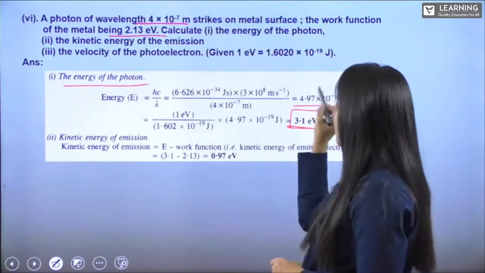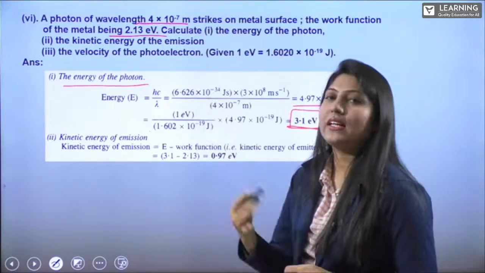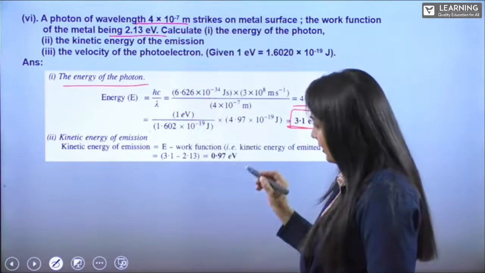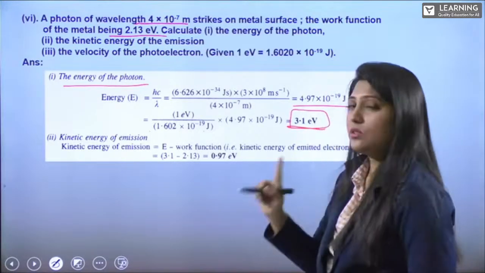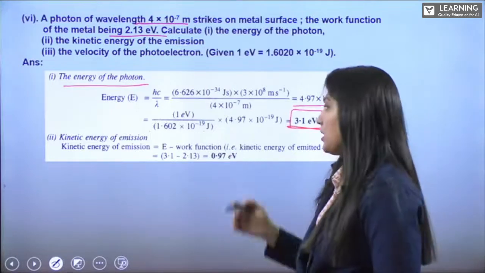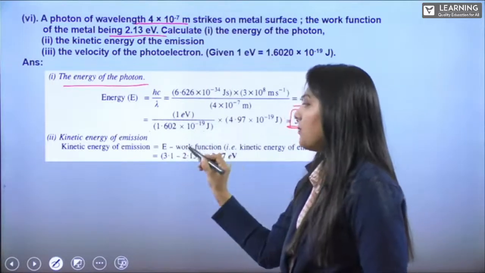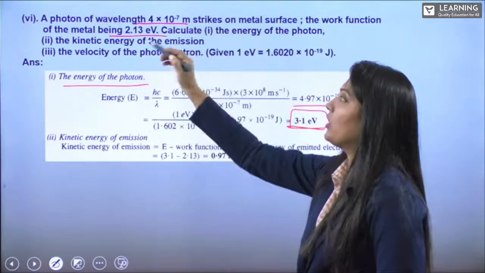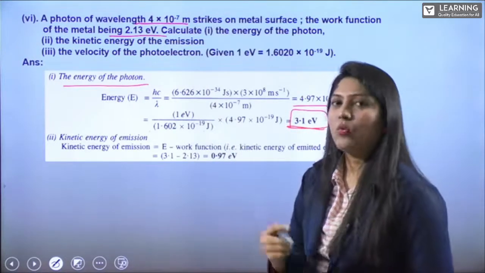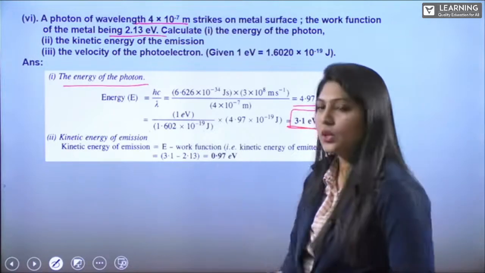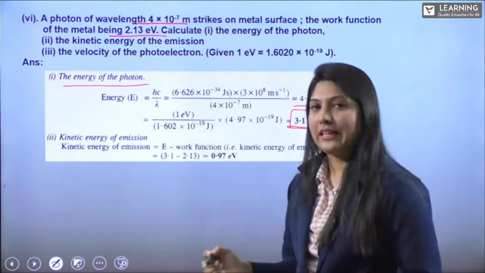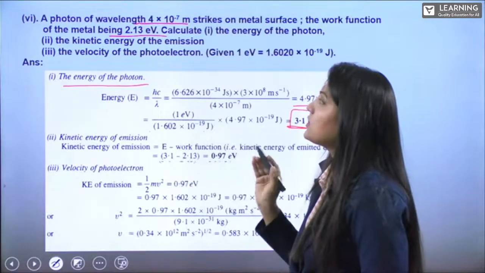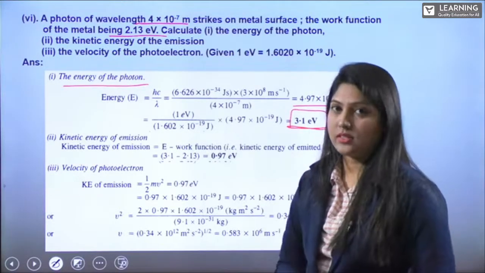If I take the energy in joules and the work function in eV, it will not give you an accurate answer. That's why we converted joules into eV. So here, energy minus work function: energy is 3.1 eV minus the work function 2.13 eV that they have given. That gives you 0.97 eV.